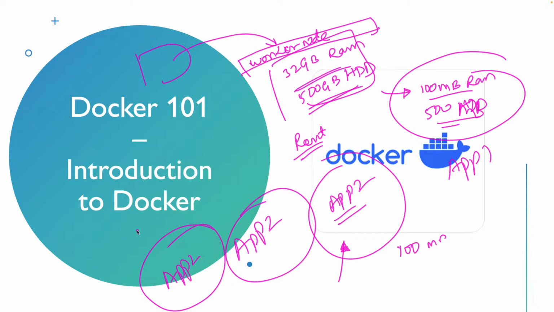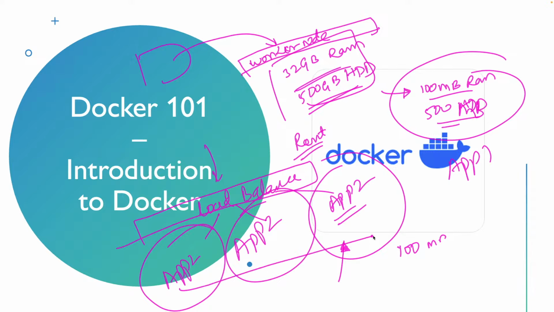Since it will be running on cloud, it will also have a load balancer, which will ensure that when I'm getting any request, it will distribute those requests across the various instances of my application, so that the end user will not face any issues while accessing the application. This is called scaling. This is called load balancing. These are the capabilities that we get from Kubernetes.